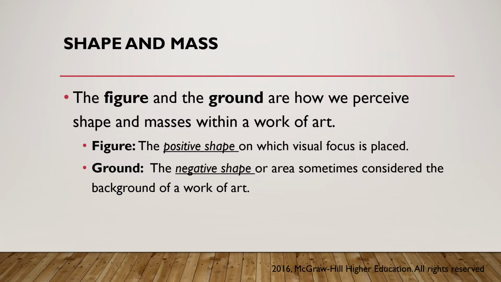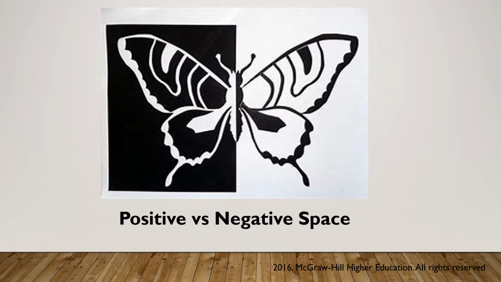Okay, now we talk about the figure and the ground, and that's where we get into positive and negative shapes. The positive shape of any artwork is the figure itself, and the negative shape is always whatever the background is. Here's an example of positive versus negative shapes.